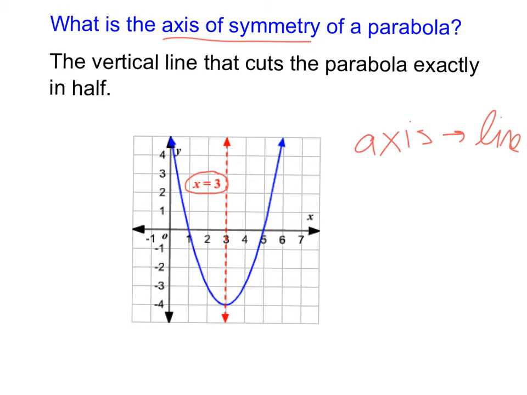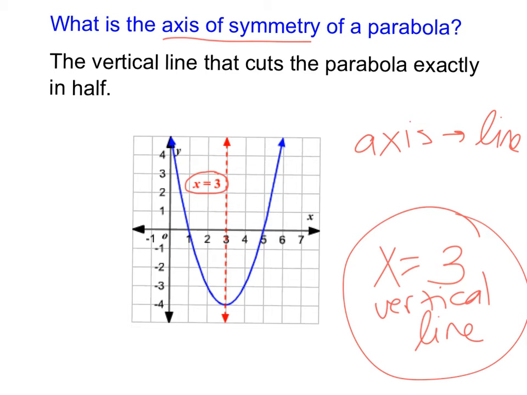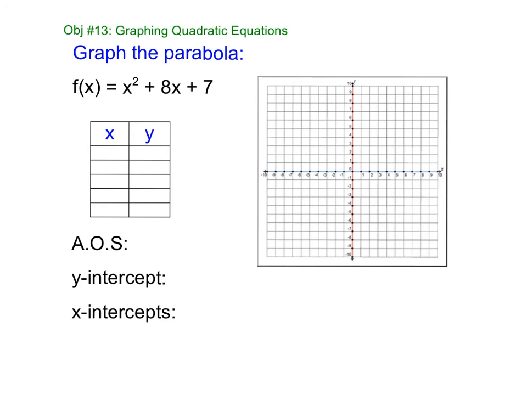So if you just tell me the axis of symmetry is 3, that's wrong. 3 is a number. It's not a line. The equation of the line, x equals 3, is a vertical line. So make sure you have that x equals. I will take points off for that.